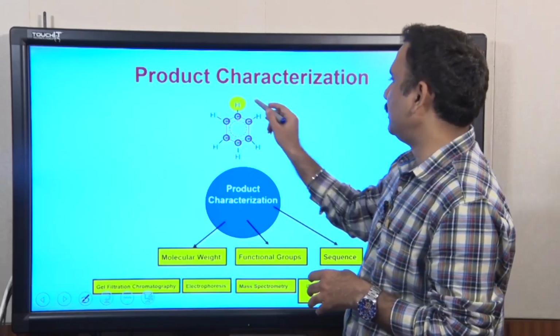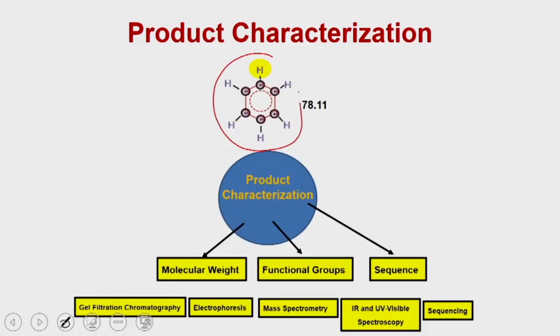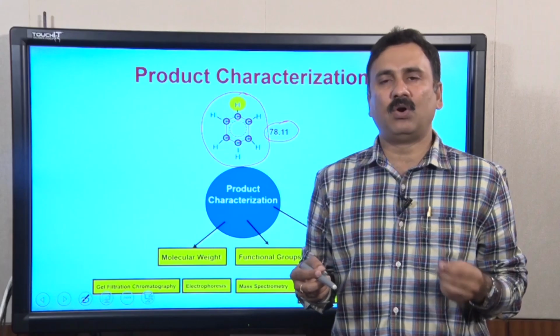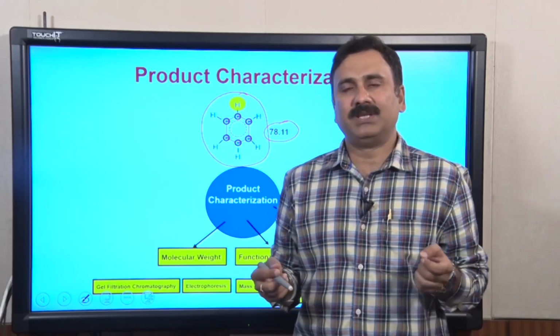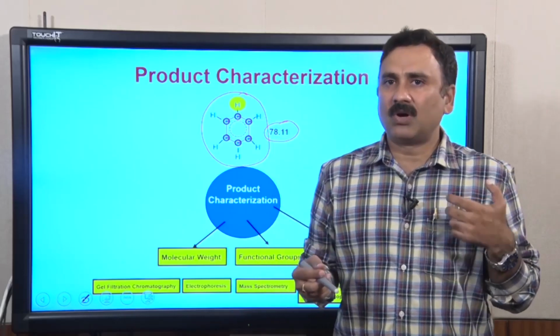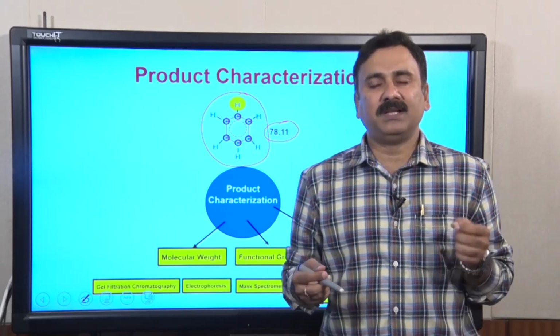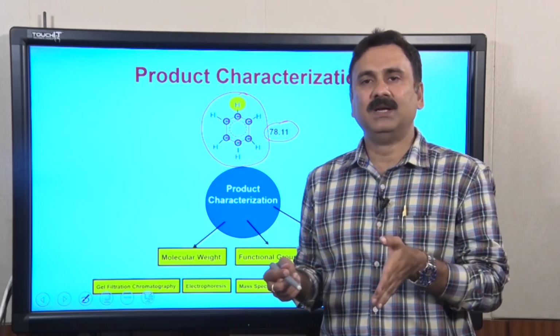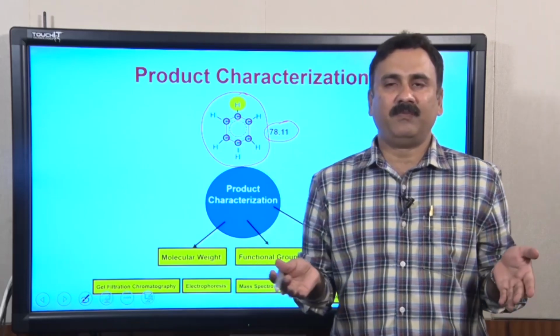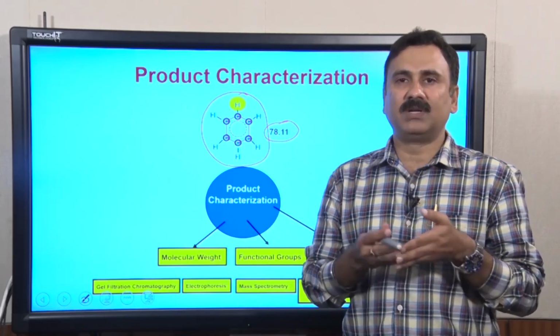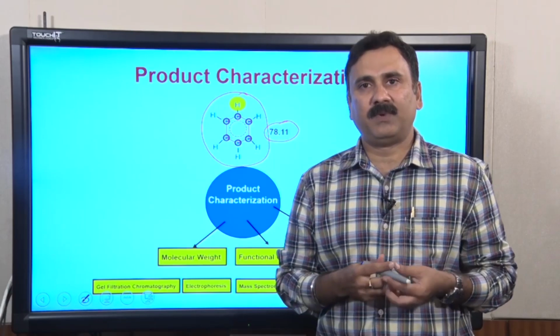Take an example of benzene, which has a molecular weight of 78.11. Product characterization is a very critical and important component of the development of a product using biotechnology principles. The characterization is done on preset guidelines. For example, you cannot use any random parameter or random criteria to characterize your products.